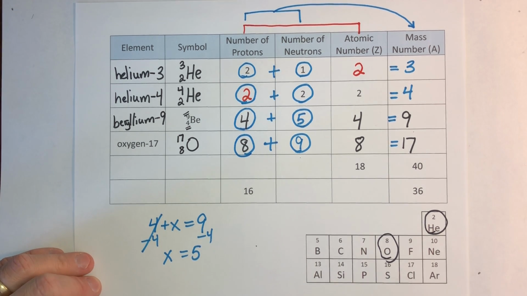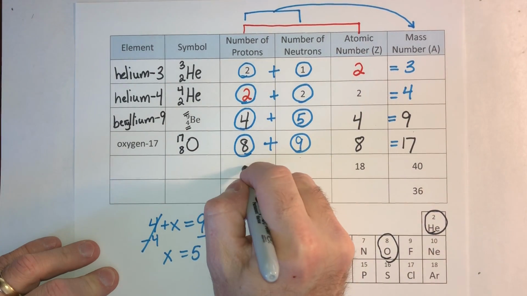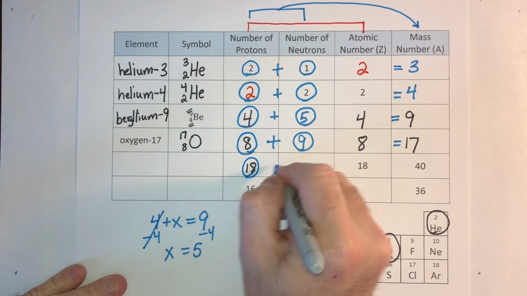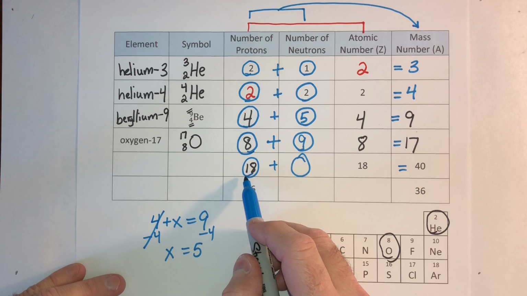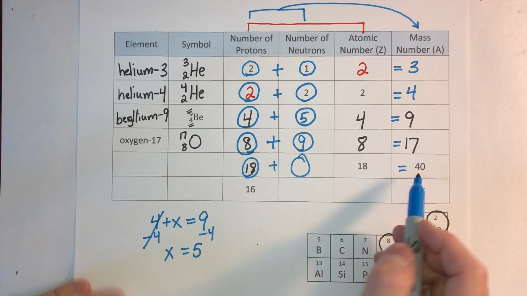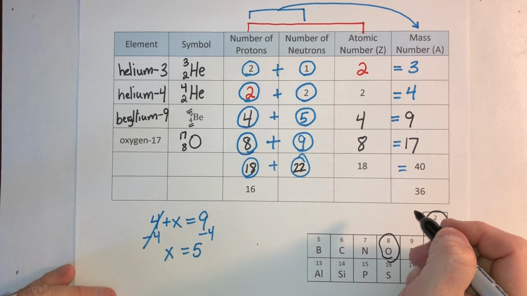All right, if we kind of breeze through the rest, the atomic number is 18, so the protons would be 18. 18 plus something gives me 40, right? If you got 18 protons and an unknown number of neutrons and they have to add up to be 40, then that would mean you have 22 of these.